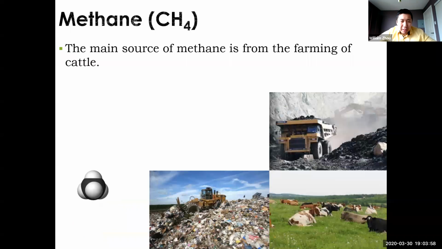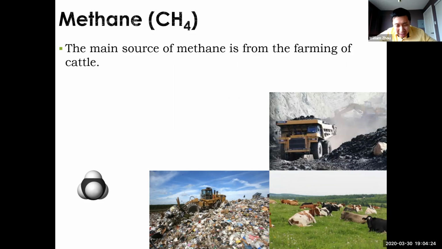Increase in methane, well, farming of cattle is the number one source. In the United States, cattle is a really popular food choice. Many of the agricultural lands in the United States are used to farm cattle instead of growing other plants for food.